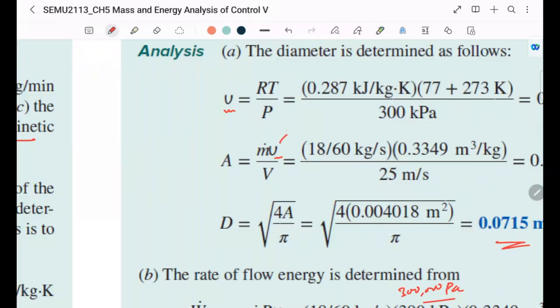So this is volume, this is velocity. Yes, it's a bit difficult to differentiate. Yes, I agree.